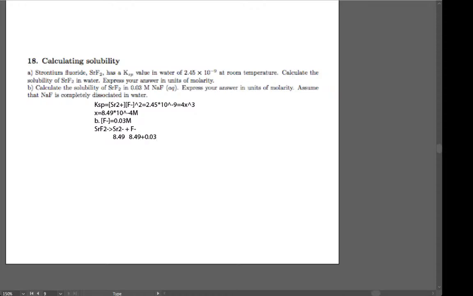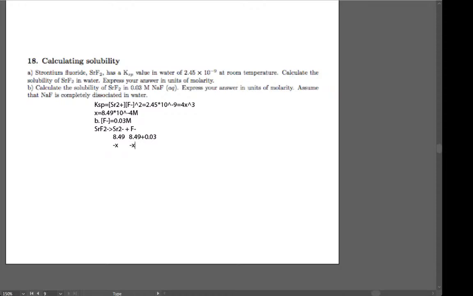We will assume that the volume is the same. And the result would be minus x and minus x.